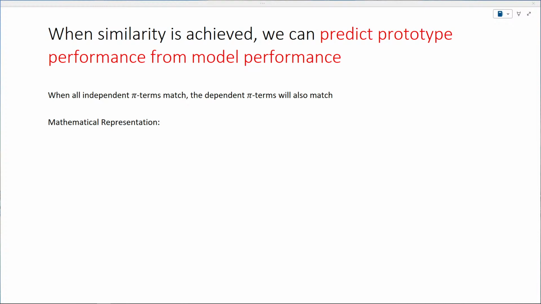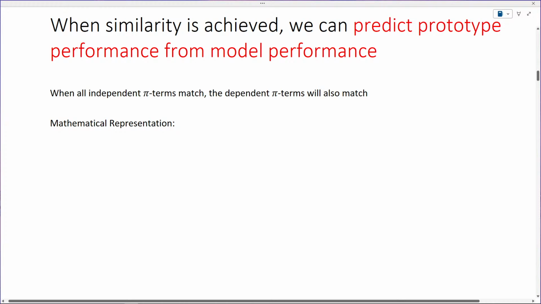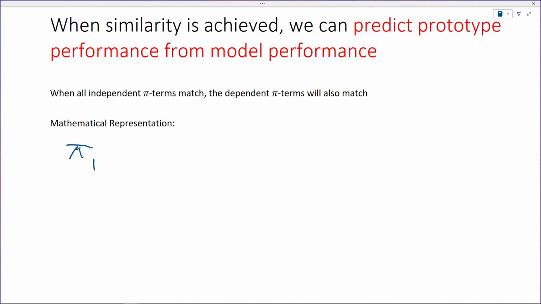Okay, so let's look at how to mathematically represent this. We can mathematically represent this a little bit bigger. Let's say I have pi 1, which could be my dependent variable.